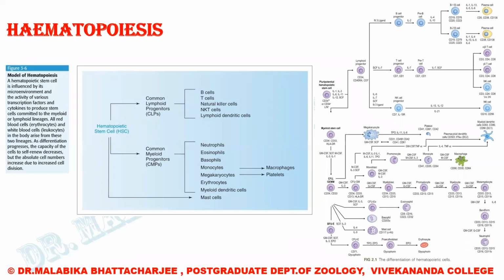Now coming to the NKT cells. The NKT cells bear a semi-variant TCR alpha beta that recognizes glycolipid and lipid ligands present on CD1D by antigen presenting cells.